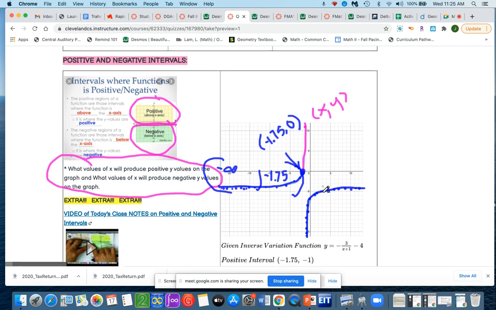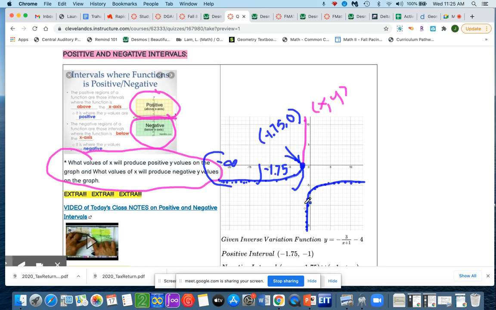Good. And then over here on this branch, this asymptote is right here on the -1, okay? So on the other side of the asymptote is the second branch.